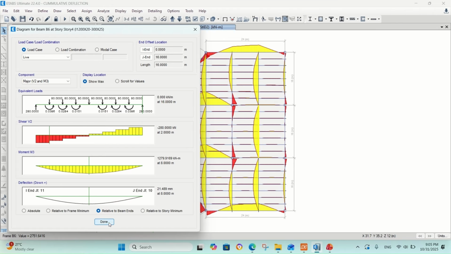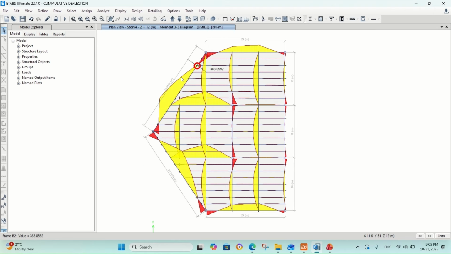So it's okay as well. We do the same for all other beams. We start with the simply supported beam or the beam with the highest positive moment because this will deflect the most.